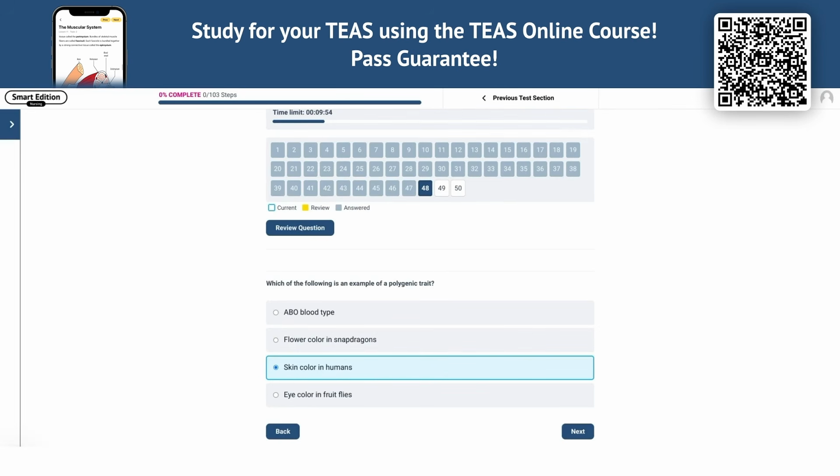So let's talk about the other three answer choices. We have ABO blood type. The ABO blood type system is controlled by a single gene with multiple alleles. This is an example of multiple alleles like we discussed earlier in this practice question.